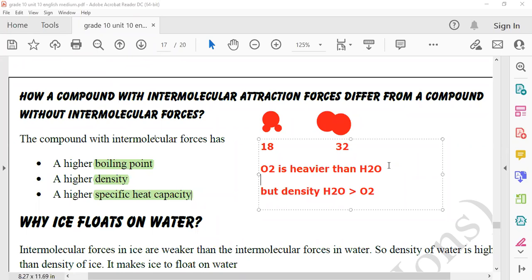But H2O is liquid at room temperature. For that also, strong intermolecular forces are the reason. Clear? So, due to intermolecular forces, boiling point will increase or decrease?